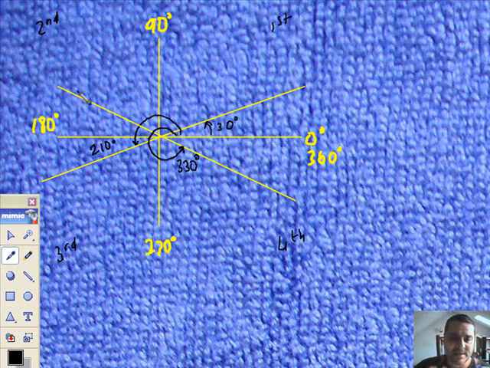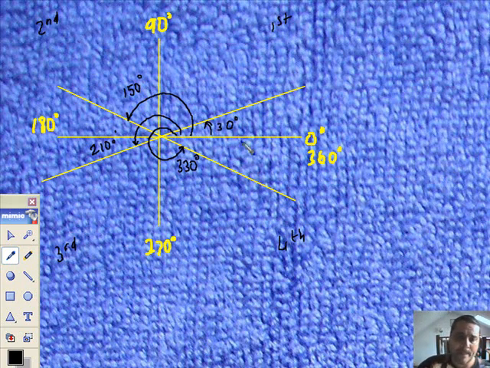Now, what about in this second quadrant? If that's 30 degrees and that little snippet is 30 degrees, then the true angle is that one going anti-clockwise: 180 degrees take away that little snippet of 30, so we have 150 degrees in the second quadrant.